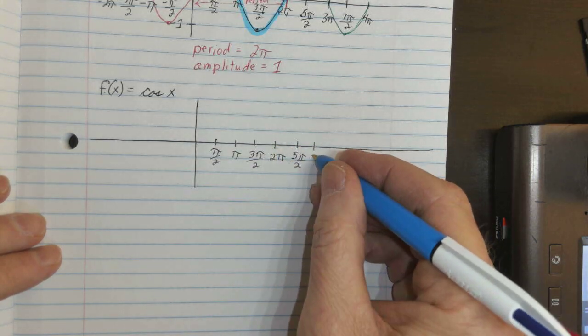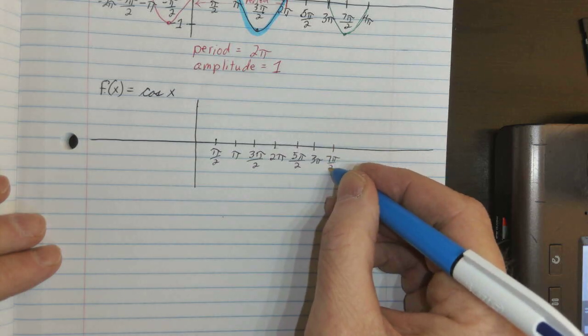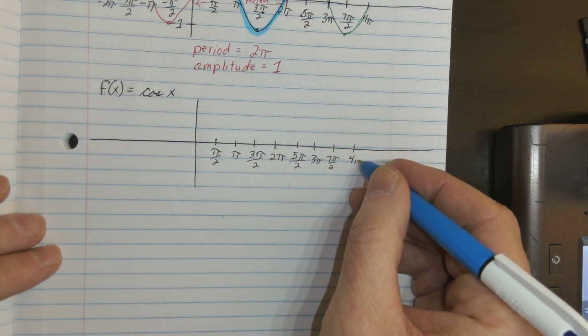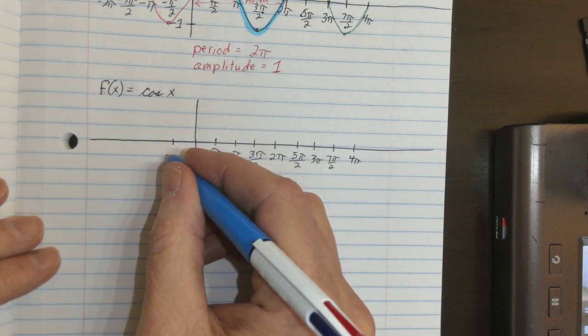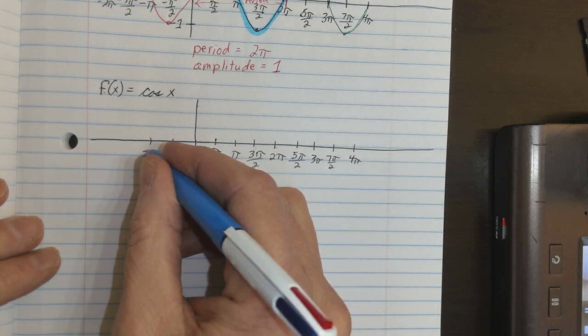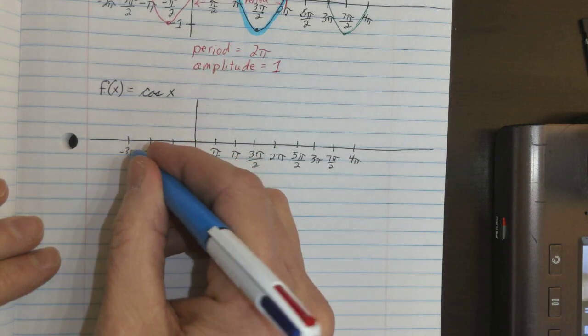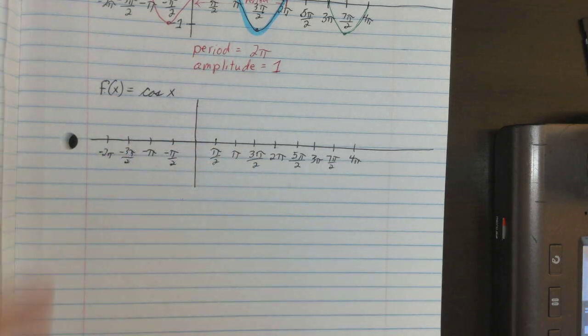I'll go ahead and, since I see it up here at the top, 3 pi, 7 pi over 2, and 4 pi. And then on the negative side, this is 0. Negative pi over 2, negative pi, negative 3 pi over 2, negative 2 pi.